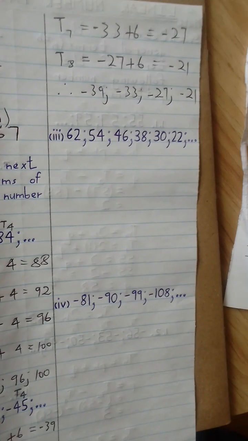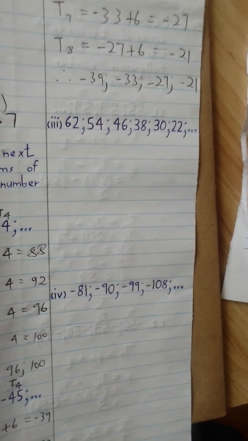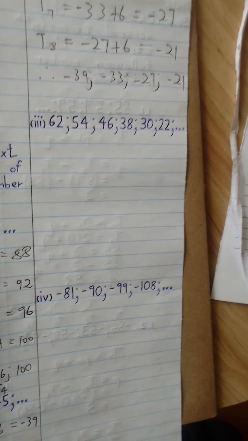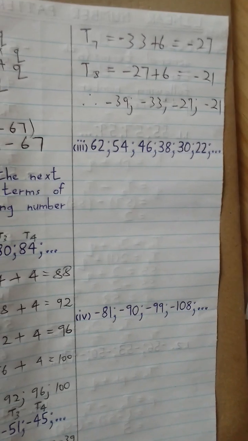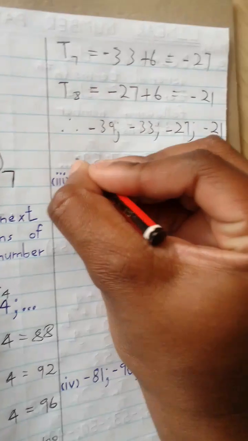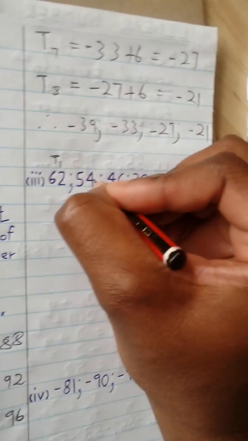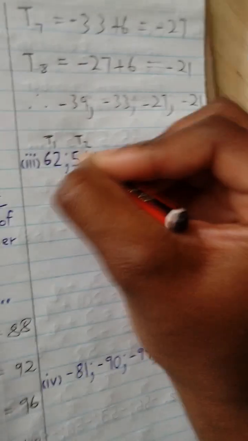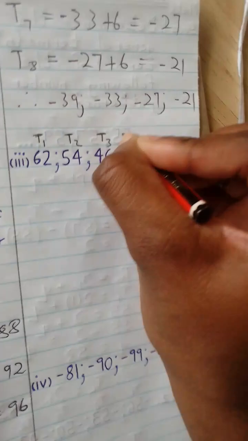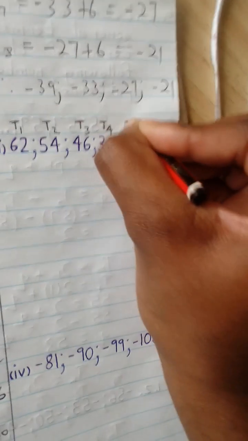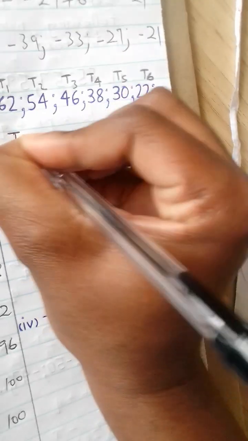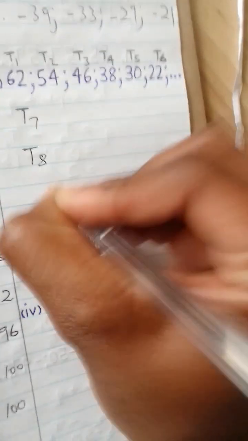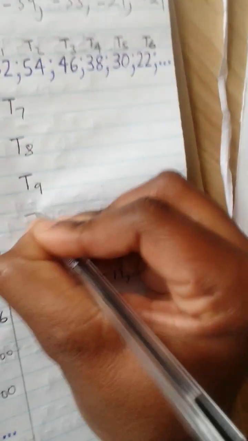Roman numeral 3: you have 62, 54, 46, 38, 30, 22. You label them T1, T2, T3, T4, T5, T6. So your next four terms are T7, T8, T9, T10.